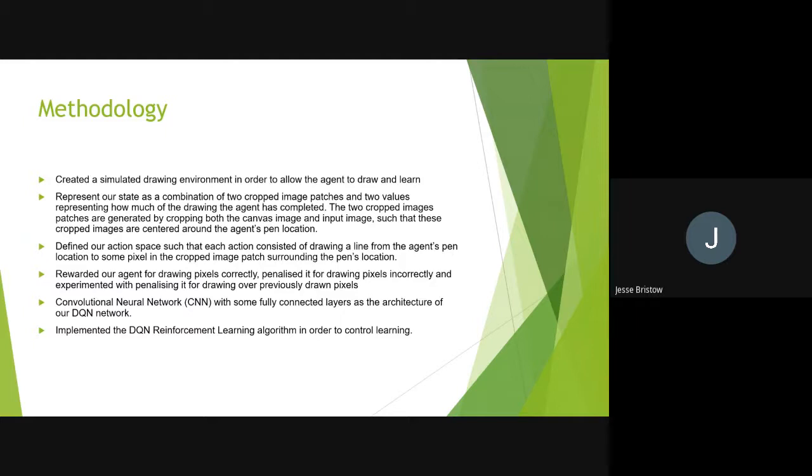The model architecture we use for our DQN algorithm is a convolutional neural network with some fully connected layers. Lastly, we implemented the DQN reinforcement learning algorithm in order to control the actual learning.